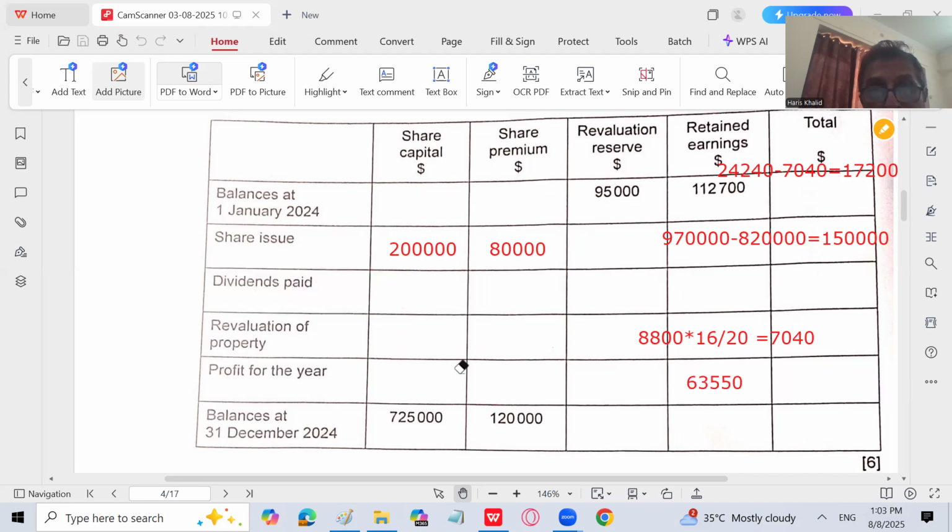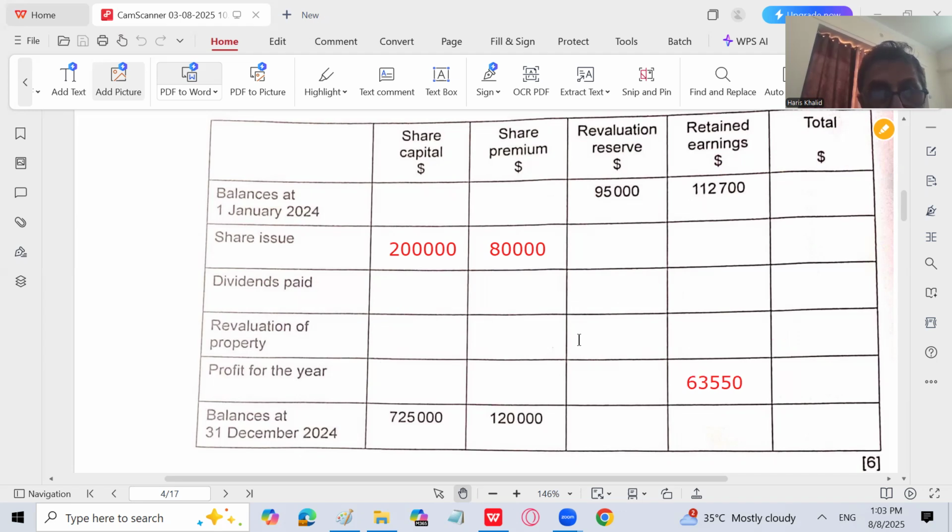Now let's move on towards the revaluation downward. 9,70,000 is the property, and it has now decreased to 8,20,000. 1,50,000 is going to be the revaluation downward. The amount is going to be taken out of the revaluation reserve first, and the remaining amount is going to be taken out of retained earnings.